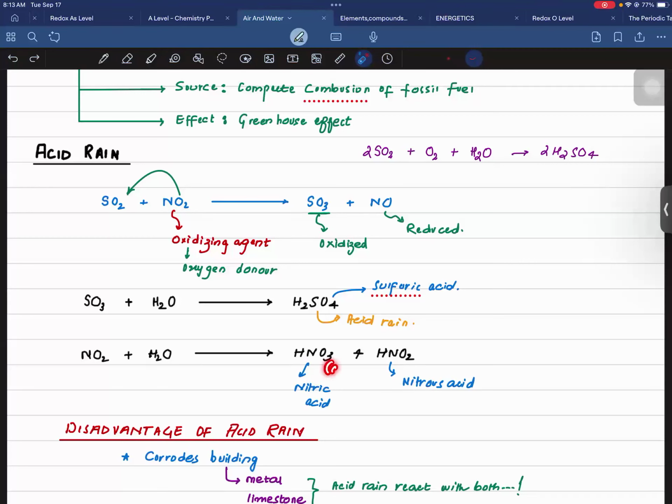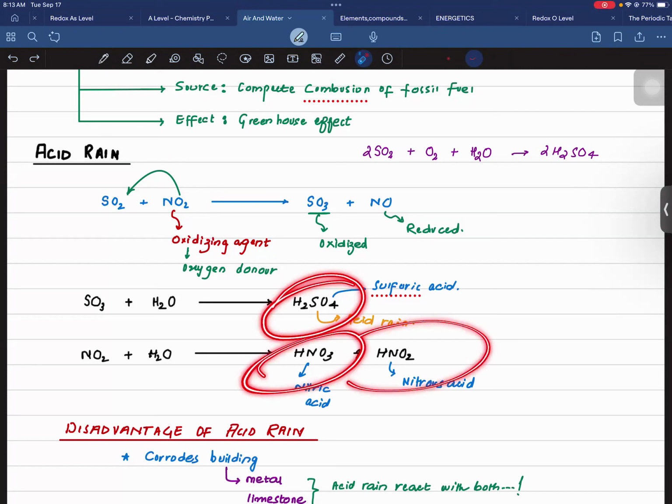Remember, they are aqueous. What does that mean? Aqueous means soluble in water. So when they meet the water droplets, they get mixed with the water droplets, and the water droplets come to the surface of the earth.